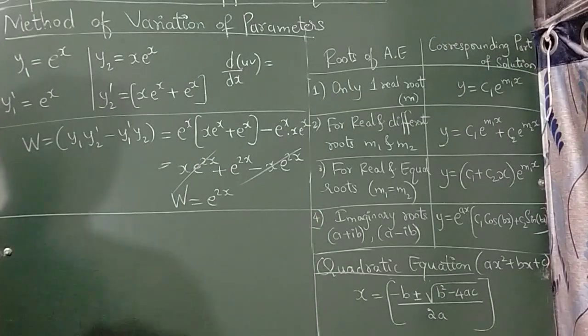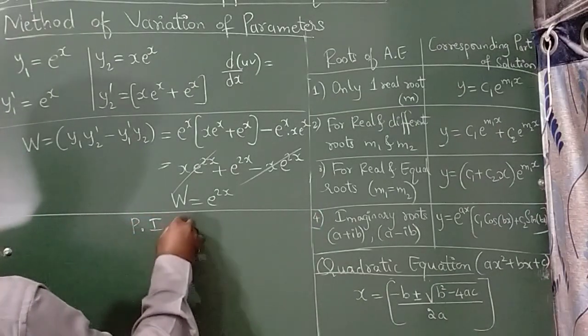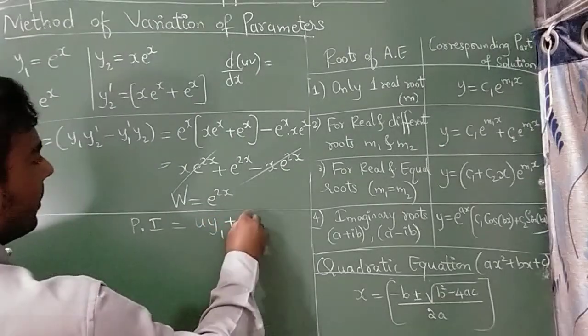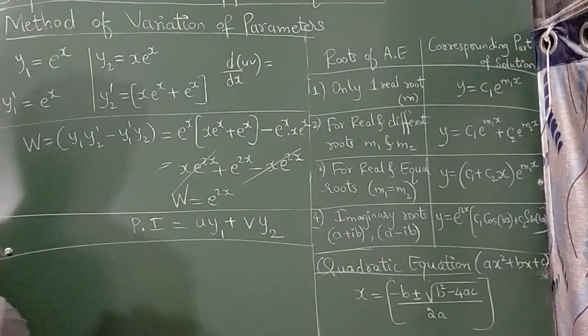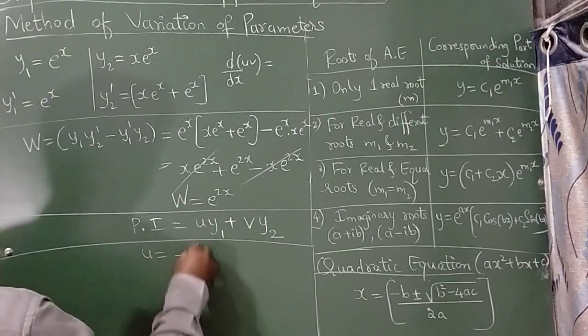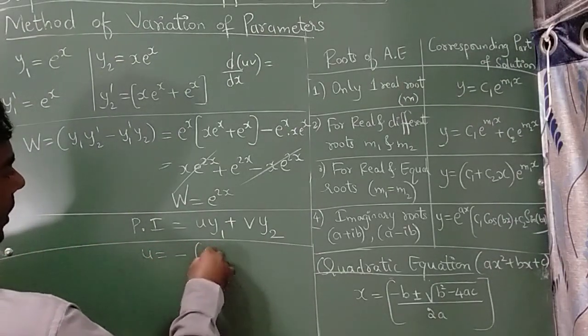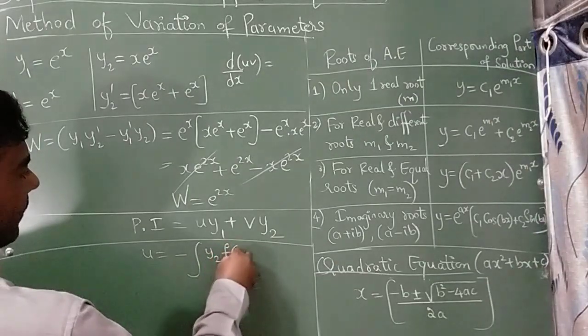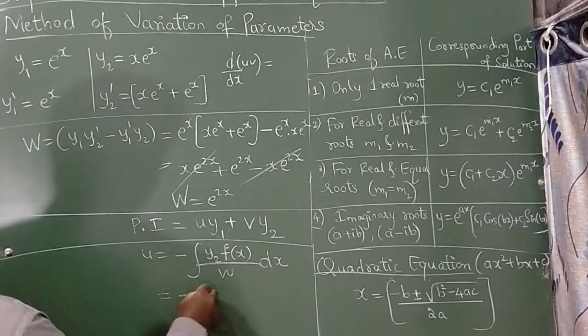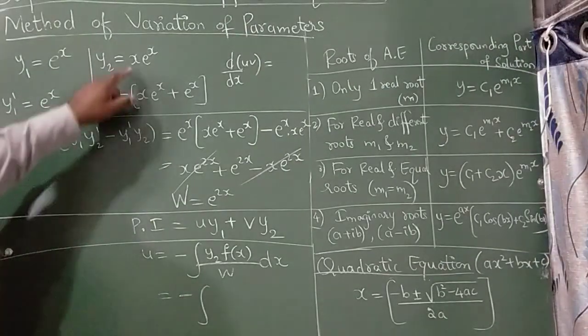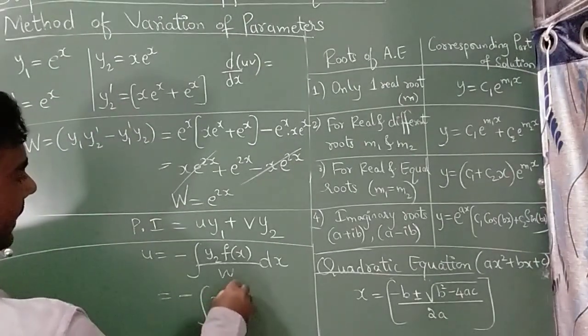Now next what we have to find out? PI. What is PI? u into y1 plus v into y2. Now what is u? u means minus integration of y2 f of x upon w into dx. What is y2? It is x e raised to x.